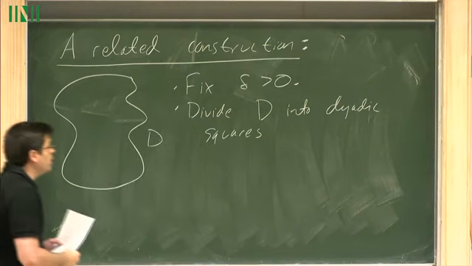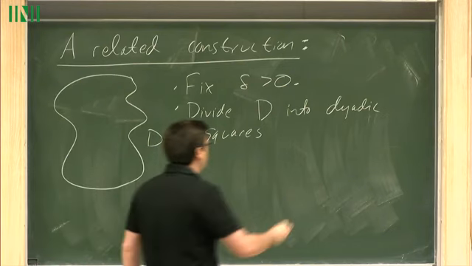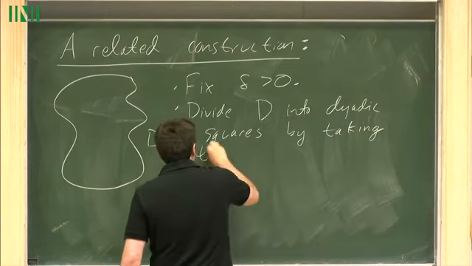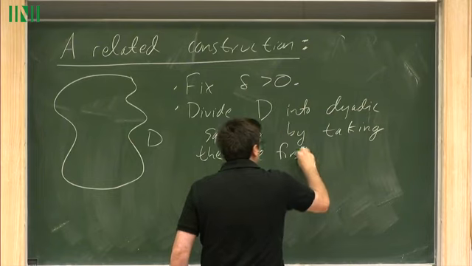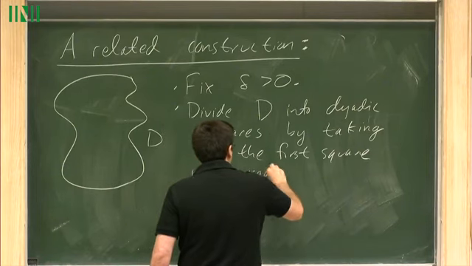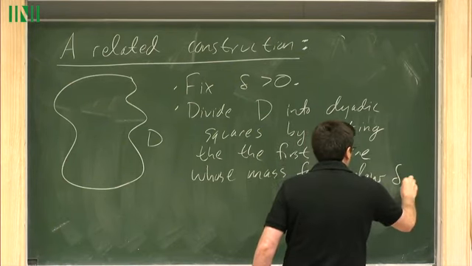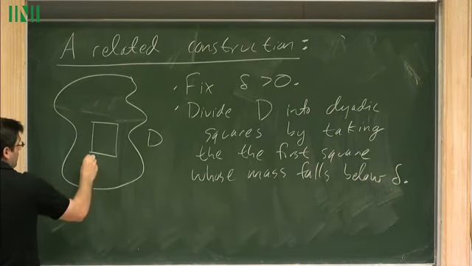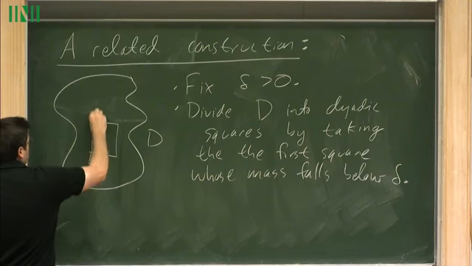And the way that you do it is that you take, about each point, the first square whose mass falls below delta. Okay, so this will give you some kind of random tiling of your domain, and you'll have this effect where you have some very big squares and you have very small ones, etc.